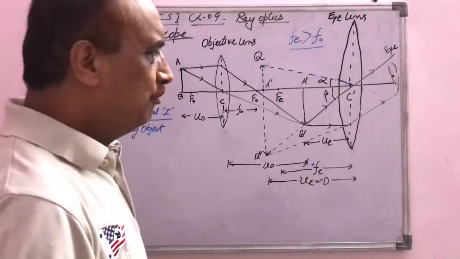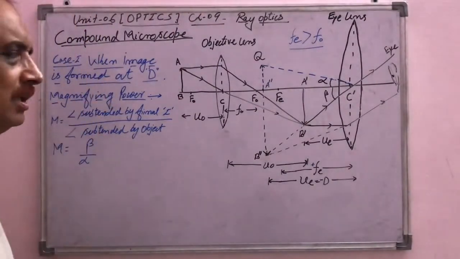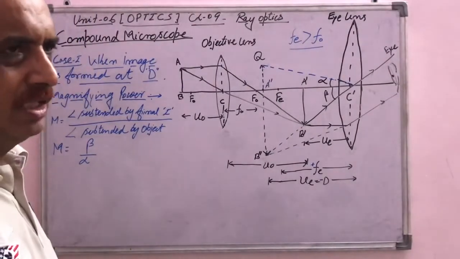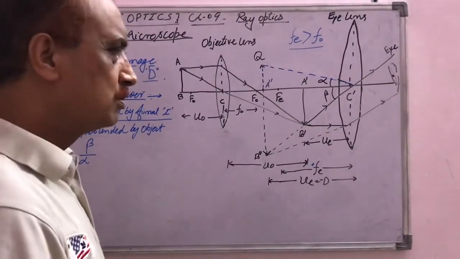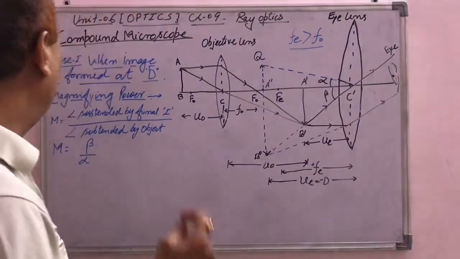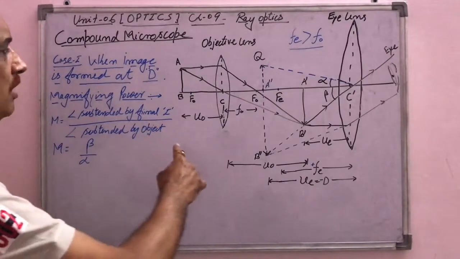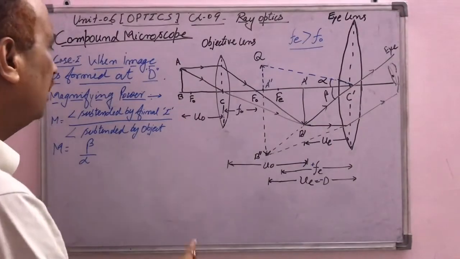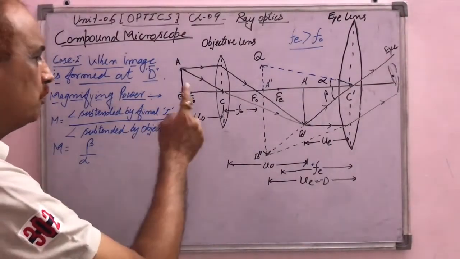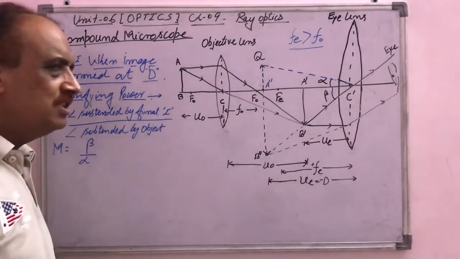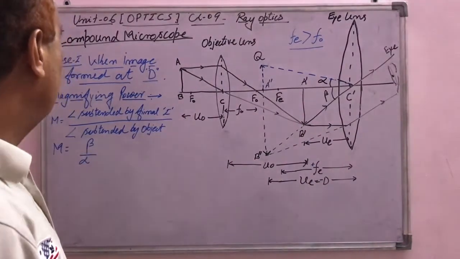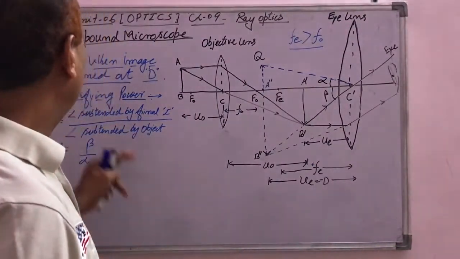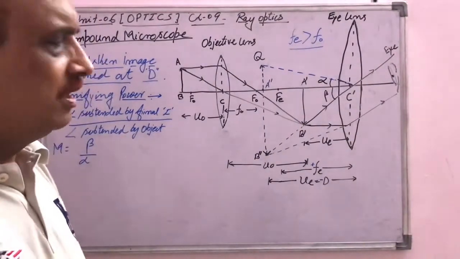For this condition, the magnifying power of the compound microscope can be defined as the ratio of the angle subtended by the final image formed at the least distance of distinct vision to the angle subtended by the object also placed at the least distance of distinct vision.